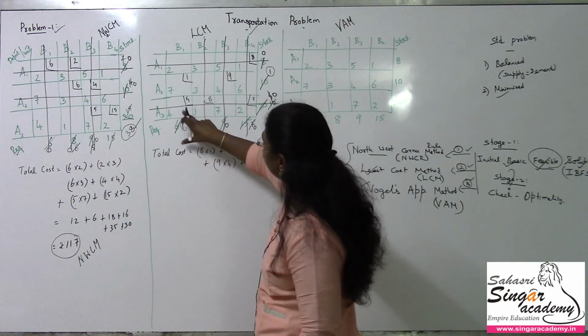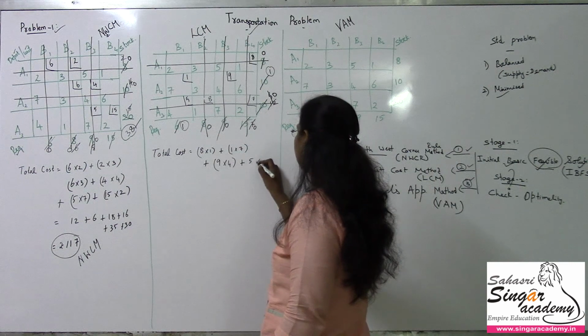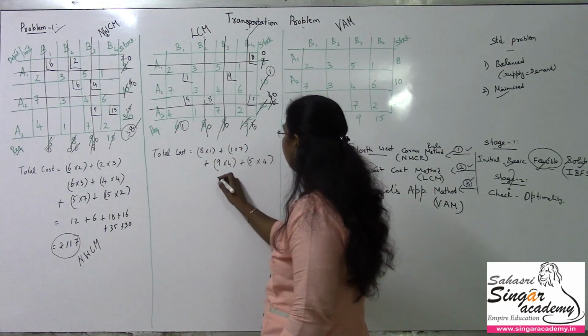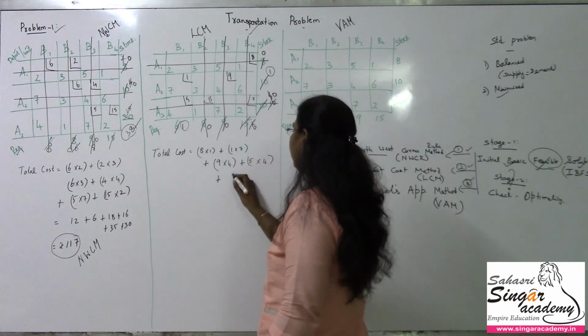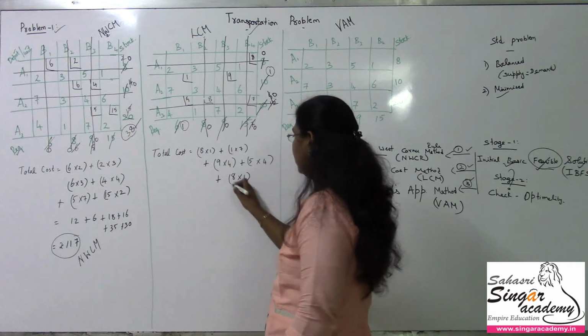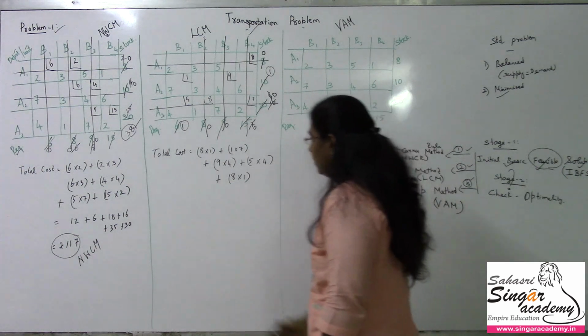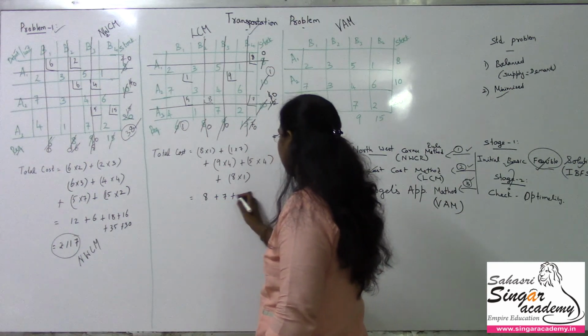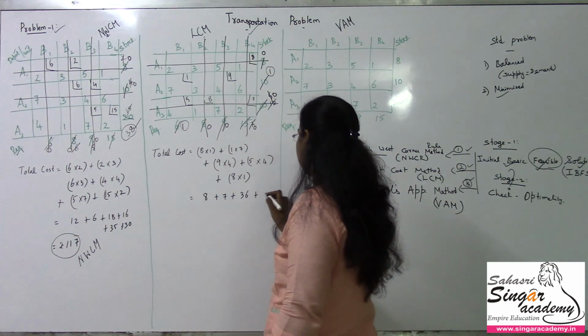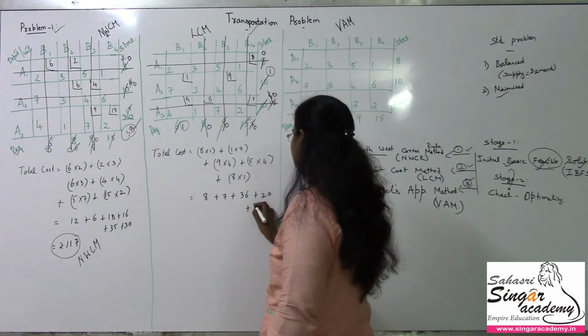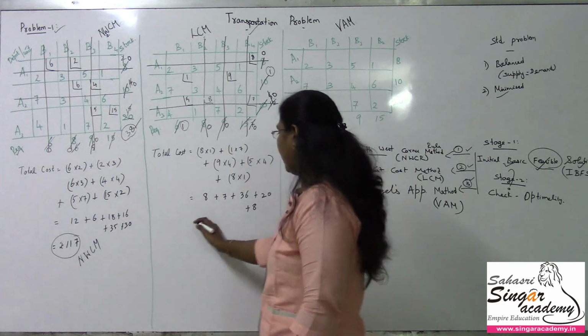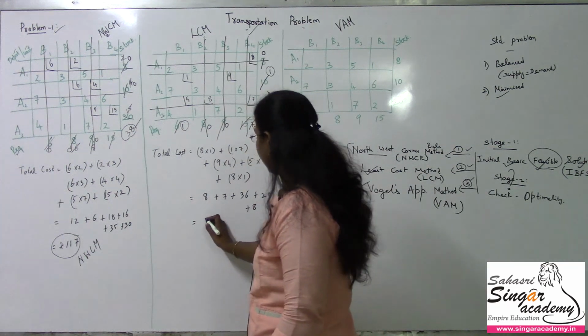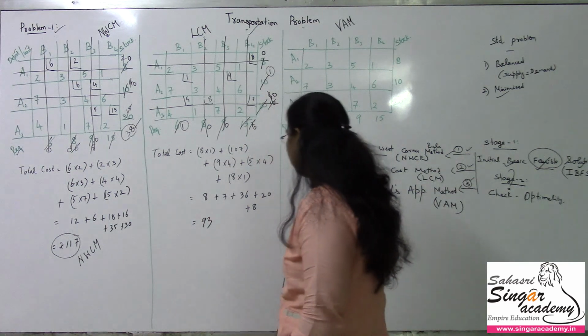Plus here 4 rupees and 5 units, 5 into 4, plus 1 rupee with 8 units. Is it okay? Fine. So this is 8 plus 7 plus 36 plus 20 plus 8 again. Fine. So the value here is 93. Yes, you can check the value. This is 93.